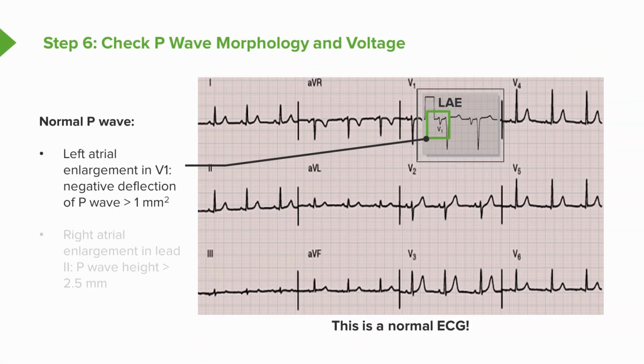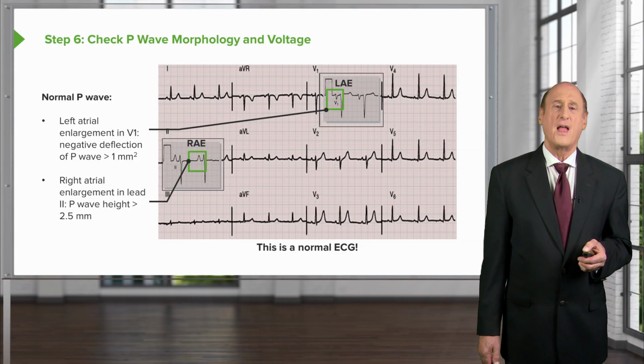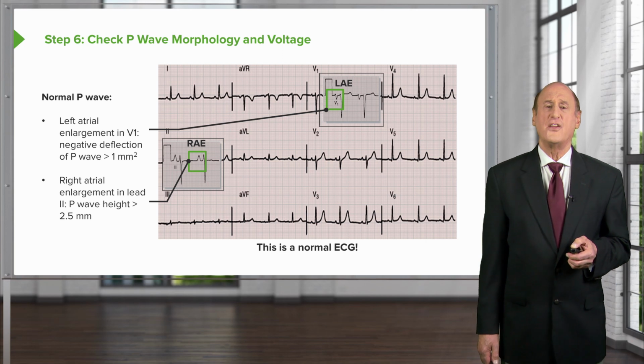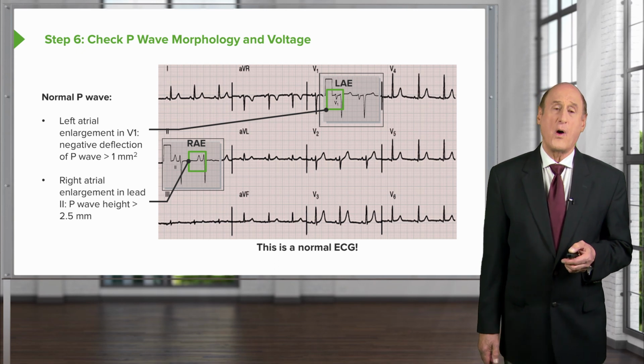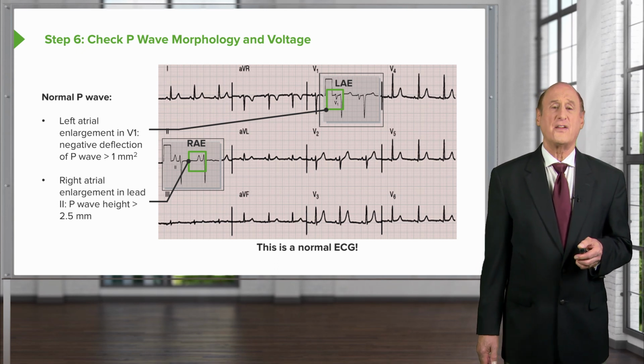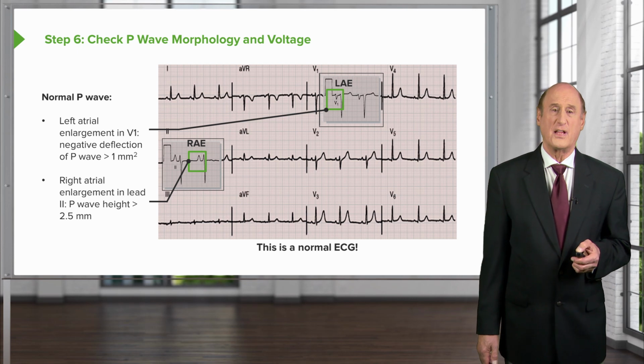If the P wave in lead V1 is more negative than 1 box and wider than 1 box, that suggests that the left atrium is enlarged, so-called left atrial enlargement. If the P wave is pointed and higher than 2 millimeters, and usually wider than 2, then that defines right atrial enlargement.